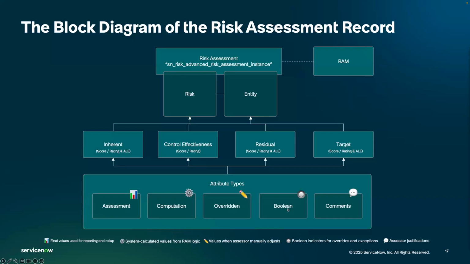Booleans are your flags, such as override indicators, applicability settings, and so on. Comments provide the justification trail. The flow is simple. System computes, assessors can override, final values feed rollups, same pattern four times over across inherent, control effectiveness, residual, and target. Once you understand one assessment type, you understand them all.